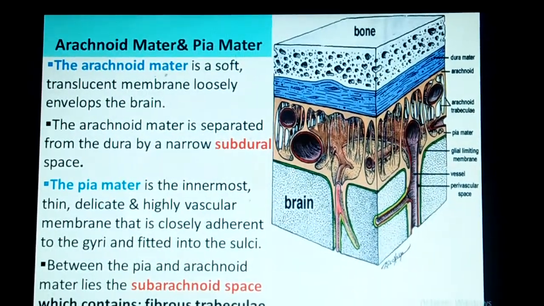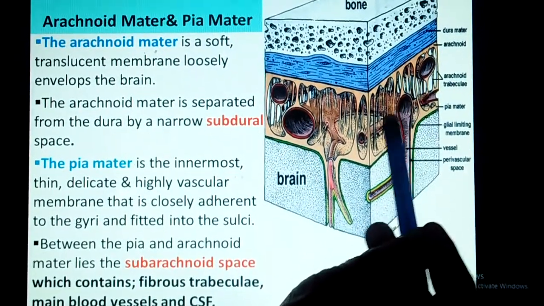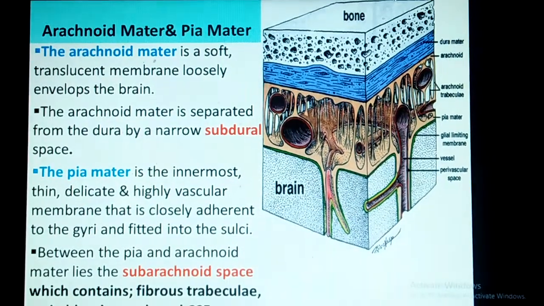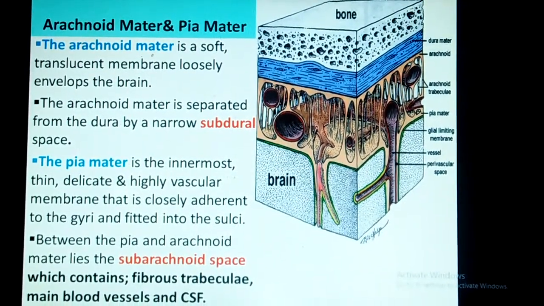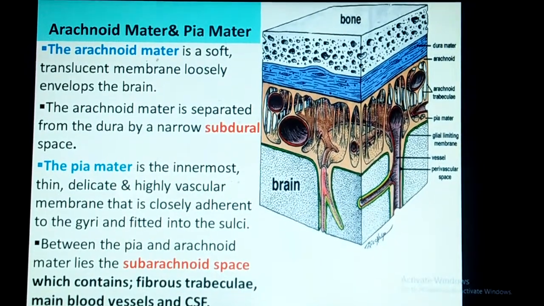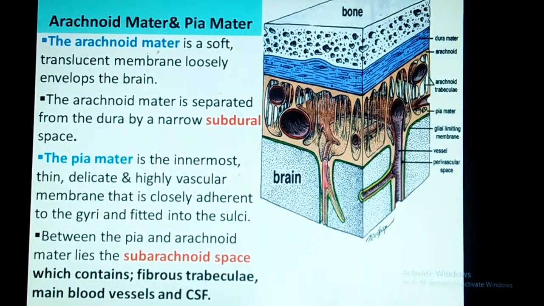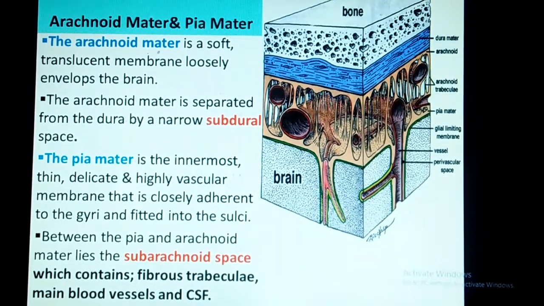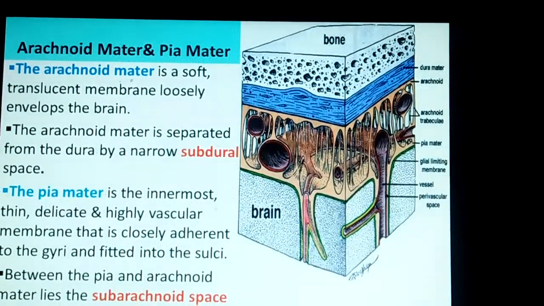The pia mater is the innermost thin, delicate and highly vascular membrane that is closely adherent to the gyri and fitted into the sulci. Between the pia and arachnoid mater lies the subarachnoid space, which contains fibrous trabeculae, main blood vessels, and the CSF.